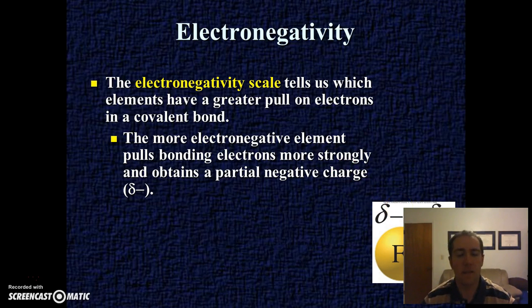The element that has the higher electronegativity is the one that has the stronger pull. So the one with the higher electronegativity is the one that will have the partial negative. The one with the lower electronegativity will have the partial positive. That is always the case.